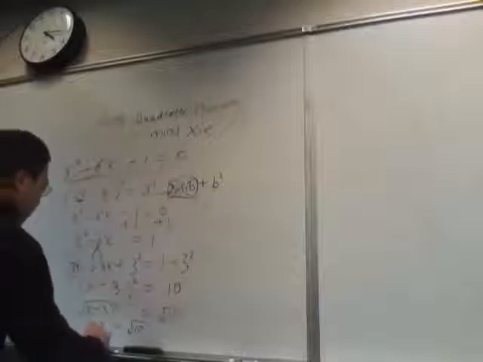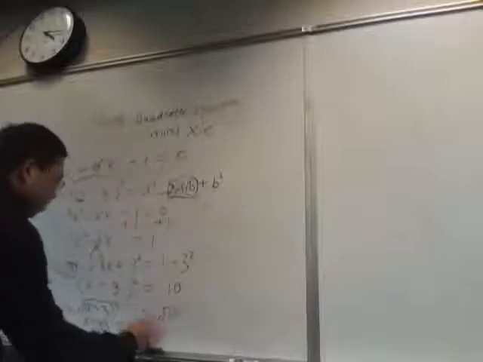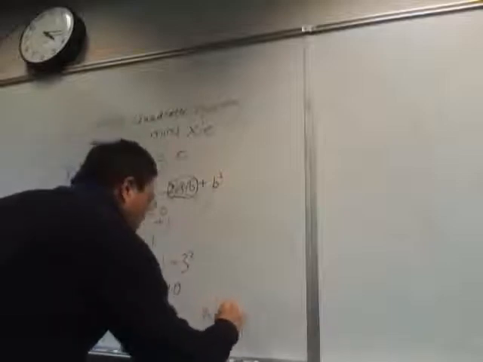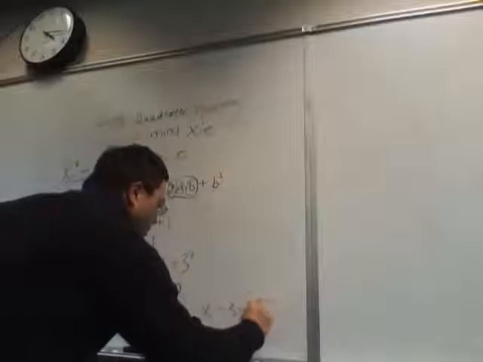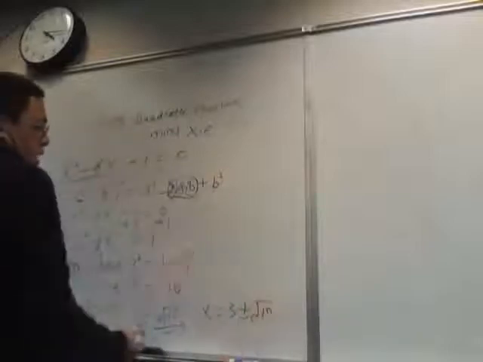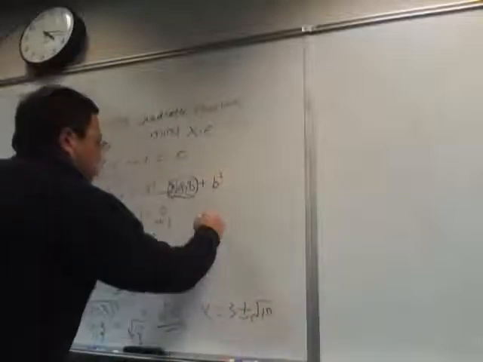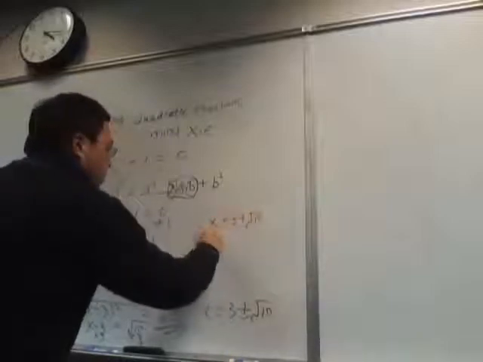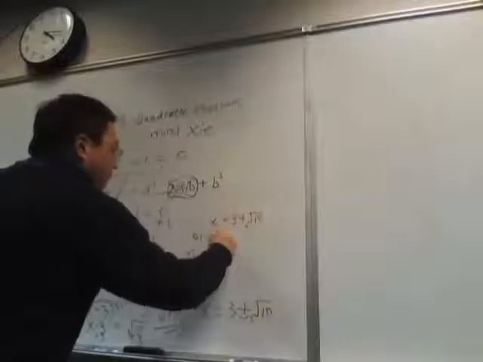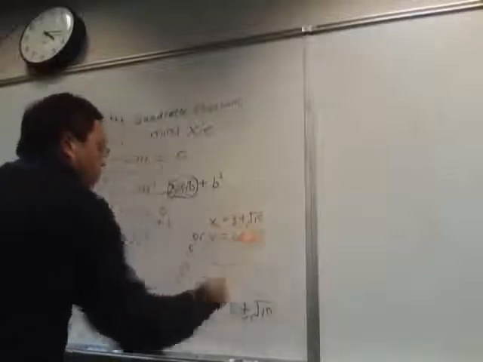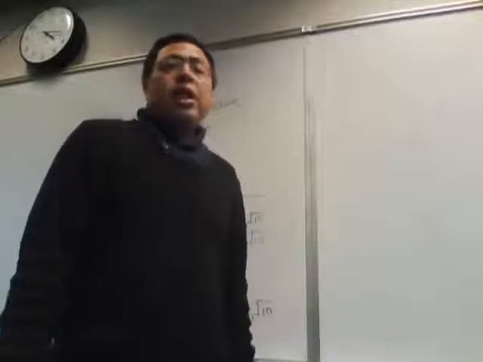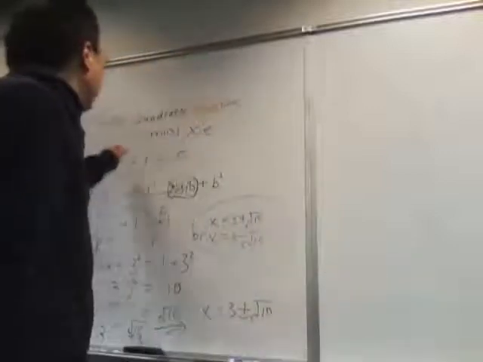And adding 3 to both sides, we can say x equals 3 plus or minus radical 10, right? Now we get two answers. One answer is 3 plus radical 10, another one is 3 minus radical 10. So that's two answers. Now, however, we can't always do it this way.